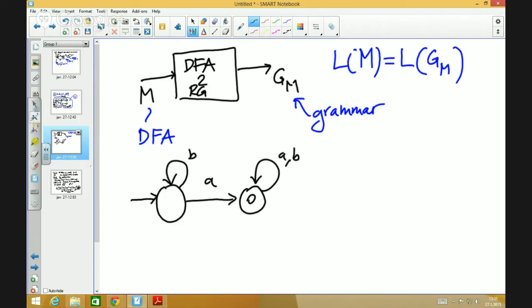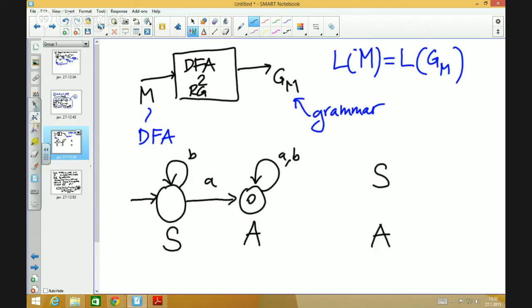Okay, so let me give these two states names. I'll call this capital S, and I'll call this capital A. So what is the idea? The idea is that these states are going to become non-terminals of my grammar. And what are the productions?